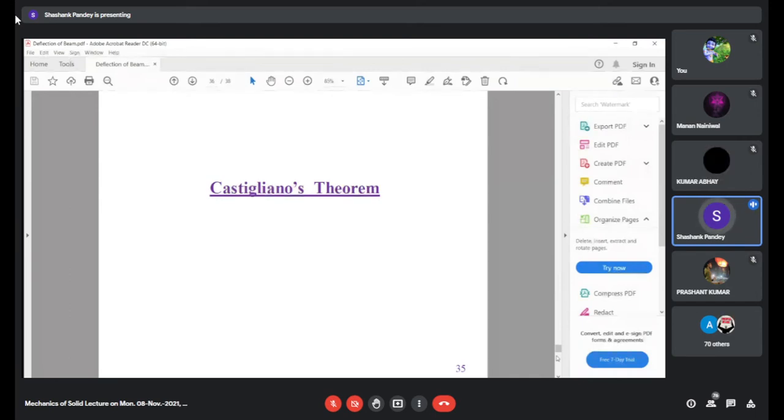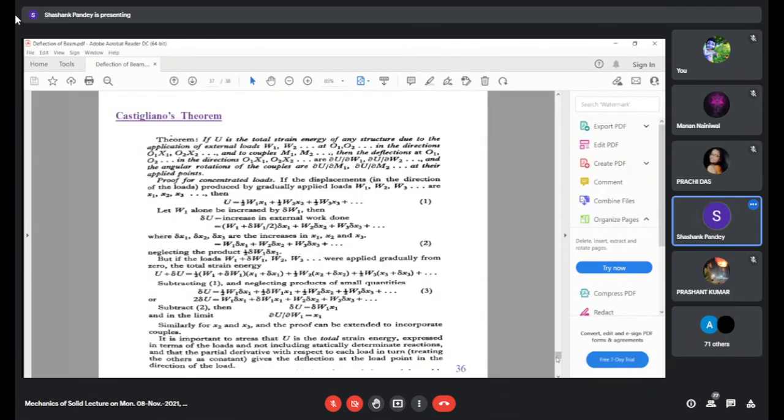So Castigliano's theorem, this is a bit involved and not straightforward, so we will try to understand this. If we have the total strain energy as U, and we have several loads acting on a system, W1, W2, W3, and so on, and a number of loads acting at different points, O1, O2, O3, up to On.